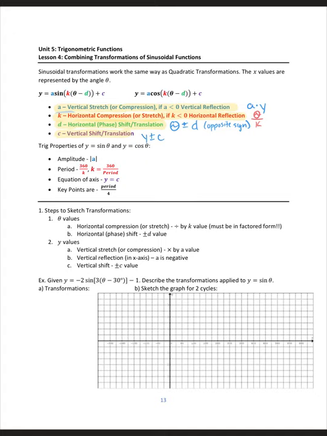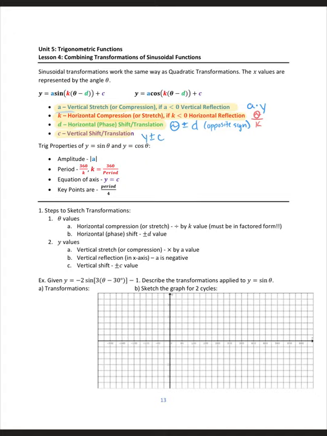Our period, which is the length it takes to complete one cycle, is represented by taking 360 degrees and dividing it by k, because 360 is our standard period for our base function. If we need to find our k value, if we need to work the other way, then we would just do 360 divided by our period. Our vertical shift also represents the equation of our axis, so that's why y equals c. And then finally, if we're trying to figure out how often we're going to have a key point, we take our period and divide it by 4.